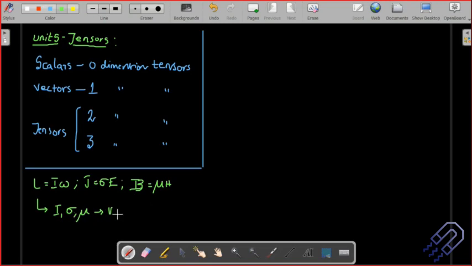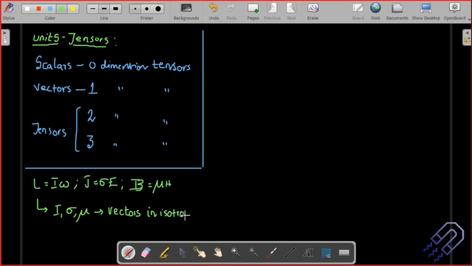If we look into the definition of these quantities, they always represent a vector because they have a direction and magnitude. These are not scalars, these are vectors, and these vectors are something which are there in an isotropic medium, and that's the difference here. This is very important to understand.